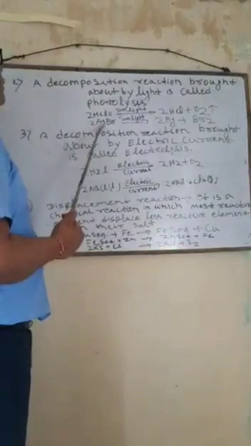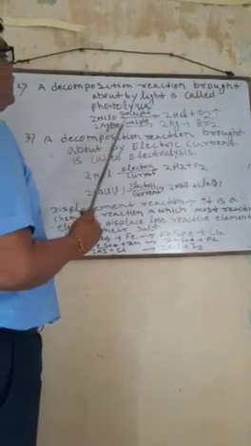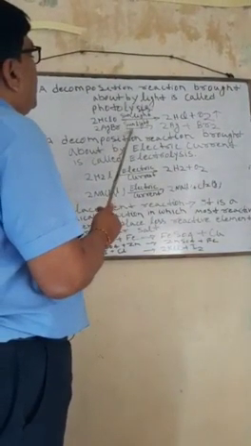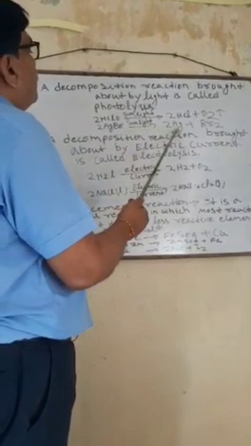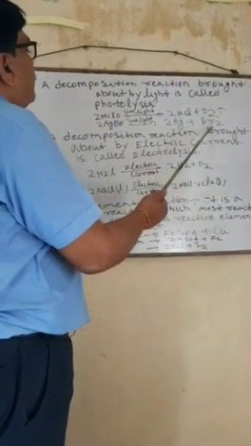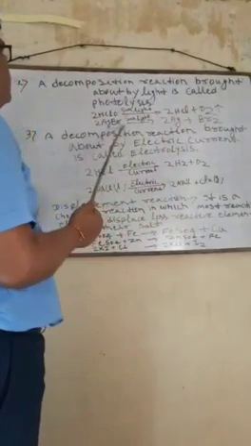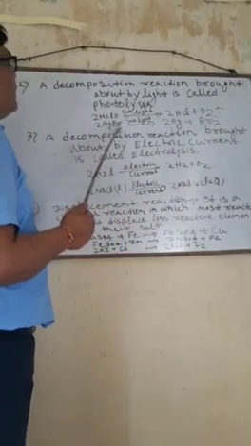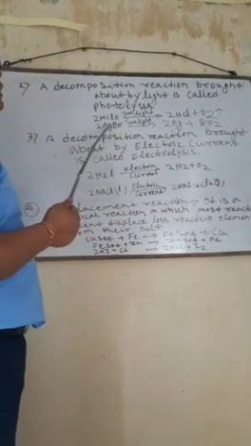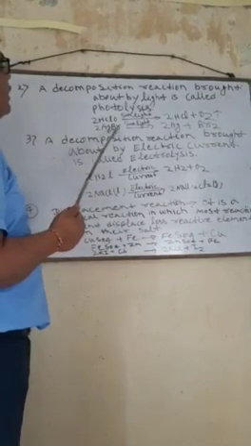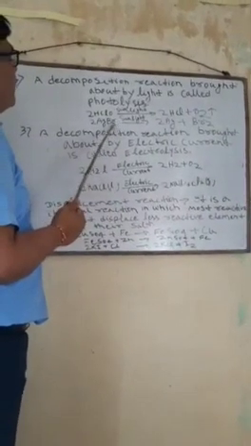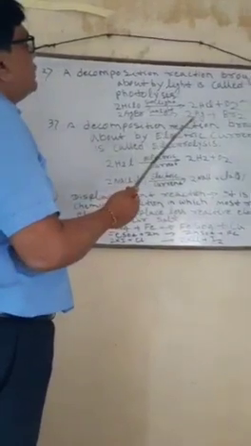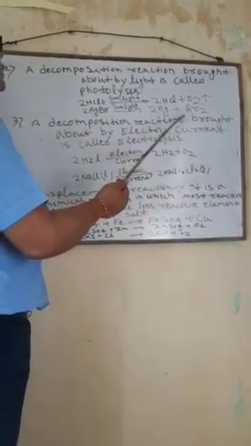Next, silver bromide decomposes in sunlight to form silver and bromine. This is a photographic plate. It decomposes in sunlight. यह photographic plate है, यह sunlight में ले जाने से decompose होता है, यह decompose होकर silver और bromine में change हो जाता है.